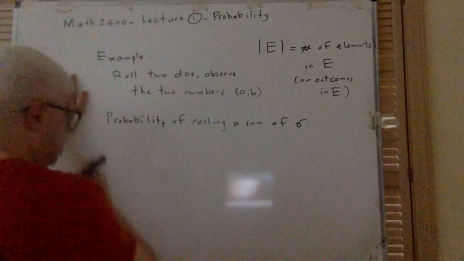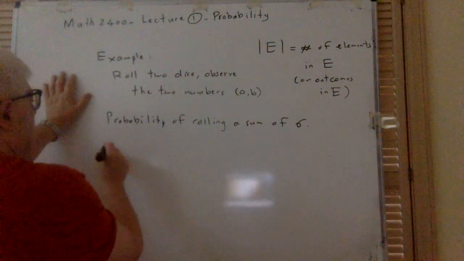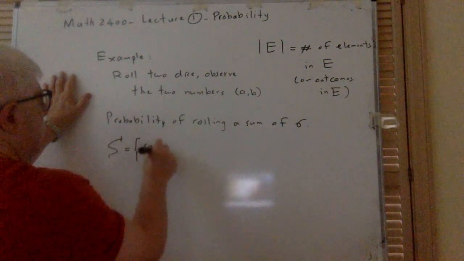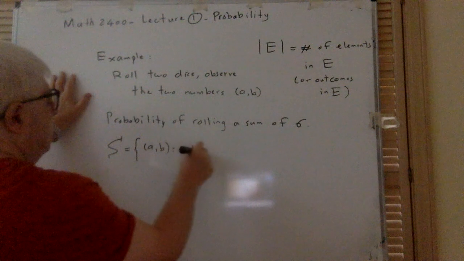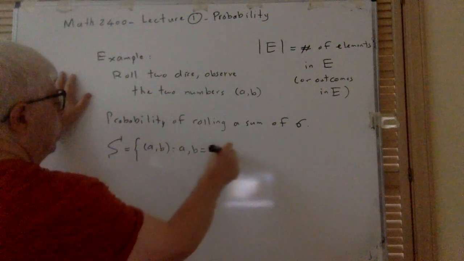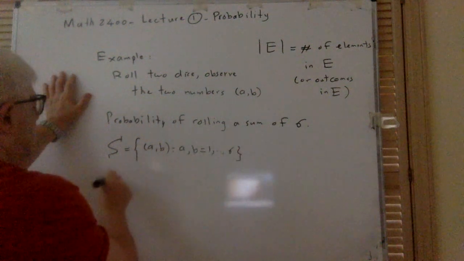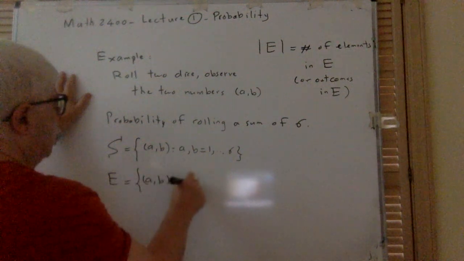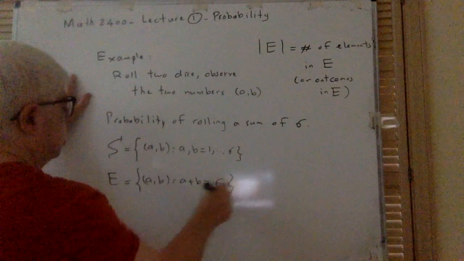Rolling a sum of 6. So, S is A and B, both of them ranging from 1 to 6. E is A and B such that A plus B is 6.